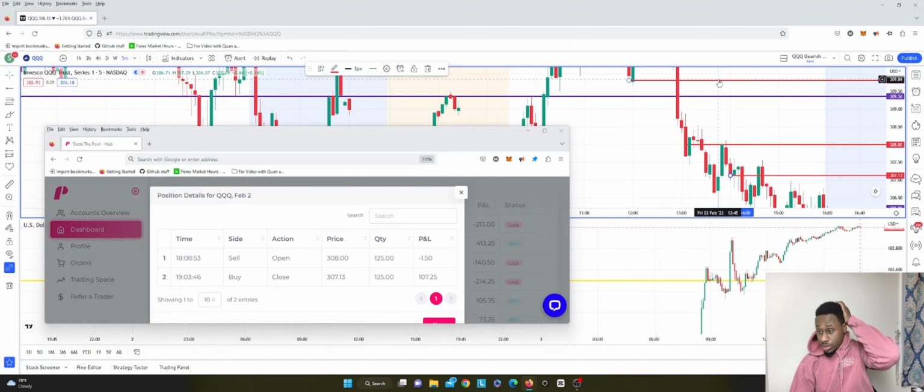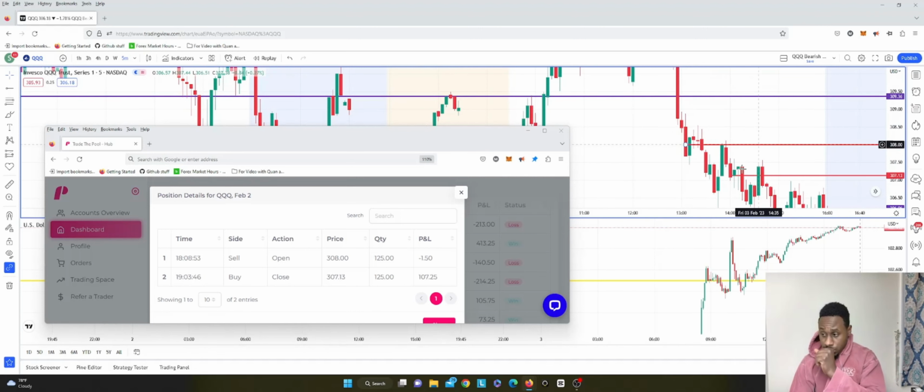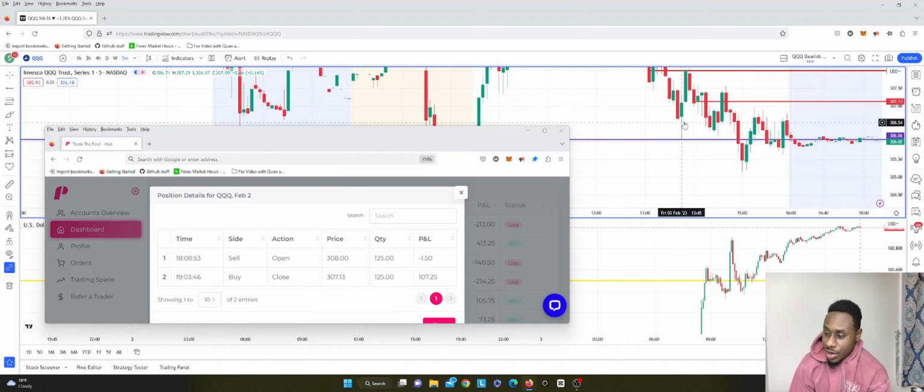So I entered to the sell side here with a stop sell order and closed it here for a 107.25 profit. The thing I was upset about was this. I had this level of support set, and you can see it in the previous video.